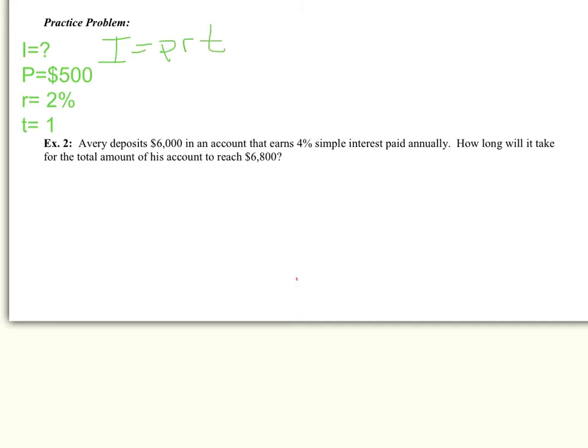I'm going to start out with our interest formula. I equals PRT, principal, rate, and time. The interest is unknown, so I can leave that be. The principal is 500 times our rate as a decimal would be 0.02, and then our time is 1 year, which we all know what happens when we multiply by 1.